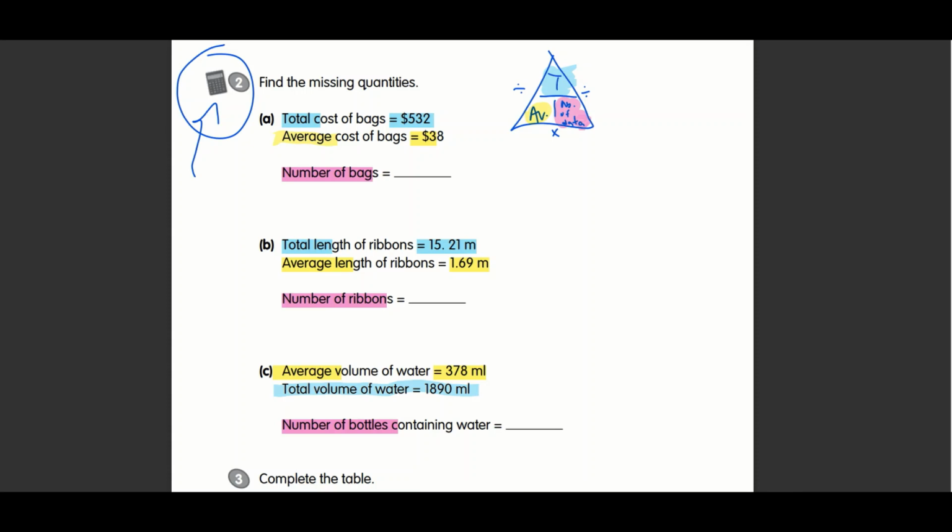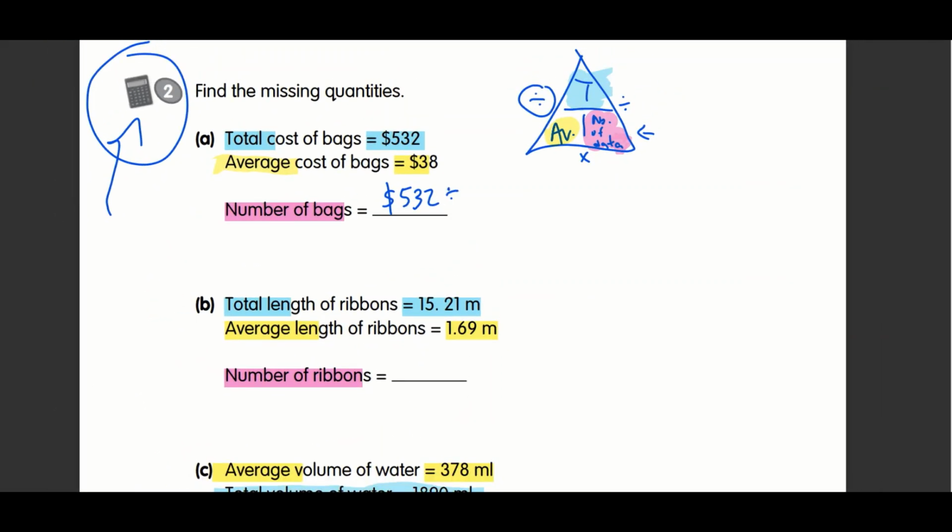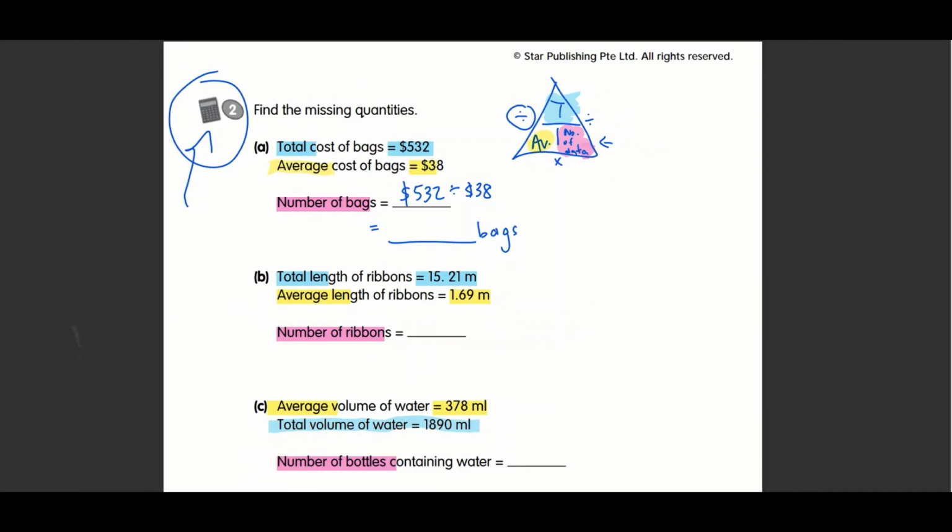To find the number of data, I'll be using division. In this case, I have the total of 532 bags divided by the average of 38 bags. And the next one, I have 15.21 meters divided by the average of 1.69.